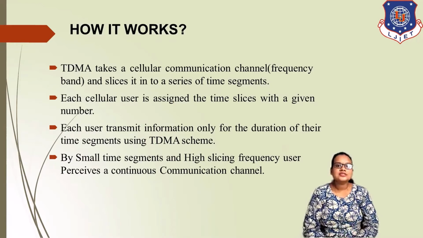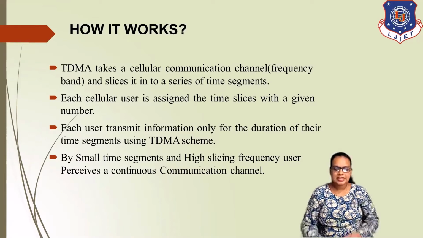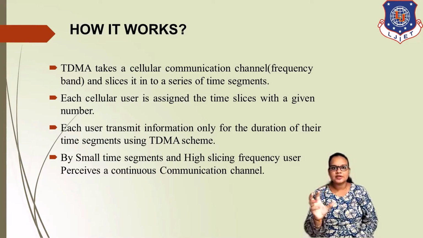Now, how does TDMA work? TDMA takes a cellular communication channel, that is a frequency band, and slices it into a series of time segments. That means TDMA divides the whole frequency band of cellular communication into different time slots, and these time segments are allocated to users. Each cellular user is assigned time slices with a given number.